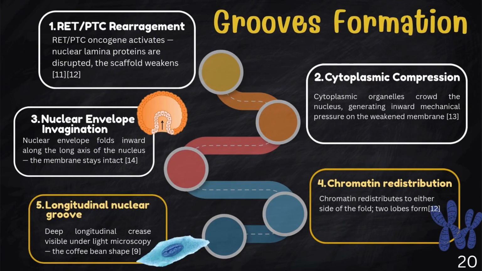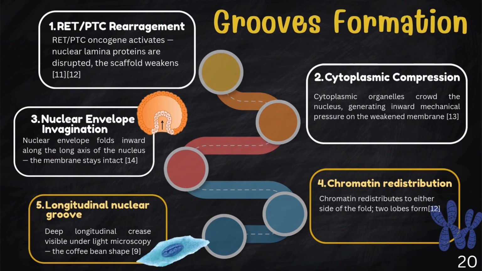However, when the nuclear membrane folds inward, the available nuclear space changes. Because of this new shape, the chromatin is mechanically displaced and moves toward both sides of the invagination. Instead of remaining evenly spread, it accumulates on either side of the fold.